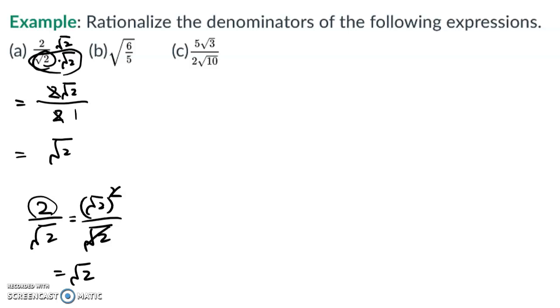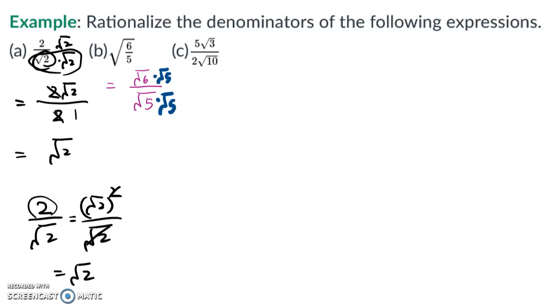All right, let's look at B here. B is square root of 6 over 5. First of all, we can rewrite it as square root of 6 over square root of 5. Then we have to rationalize the denominator, the square root of 5. We have to somehow get rid of that square root sign. So what we'll do is multiply the top and the bottom by square root of 5.